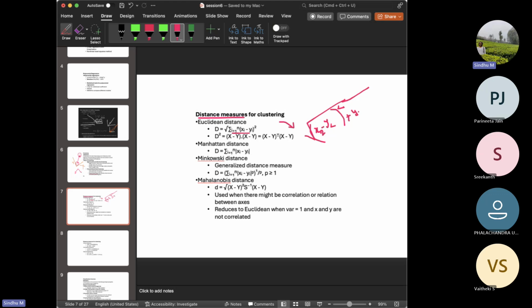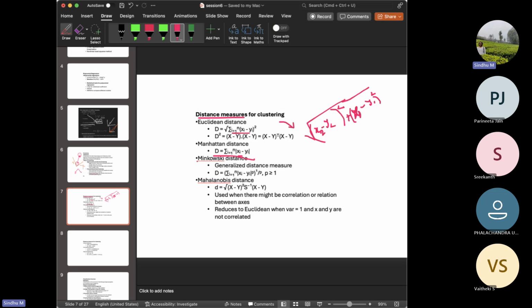And the second one is the Manhattan distance. Manhattan distance is also a measure of how nearby or far away the points are. Here x comma y are the points. In Manhattan distance there is no business of doing a square and taking a square root. You just subtract the two values and consider their absolute value. So that is Manhattan distance.